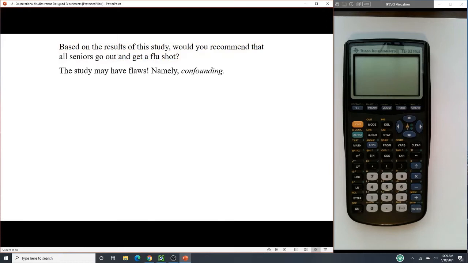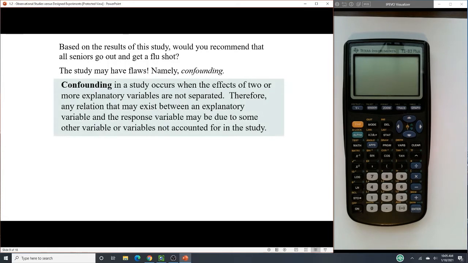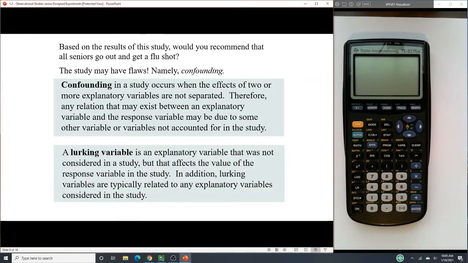Now, studies have flaws, namely confounding. Confounding is when the effects of two or more explanatory variables are not separated. We've got to be careful with those things and make sure that we know the difference. Lurking is another problem, and that is when we have a variable that's not considered in the study.